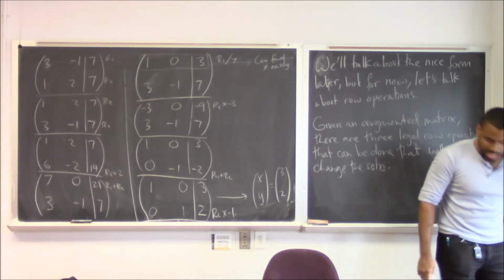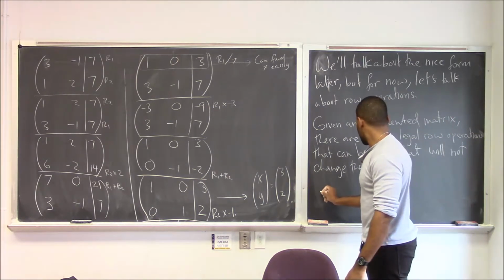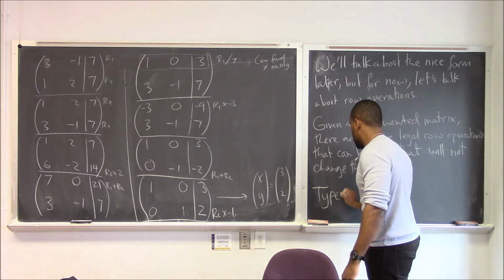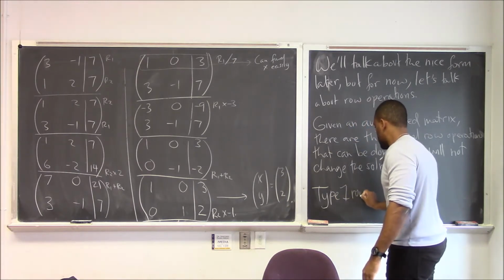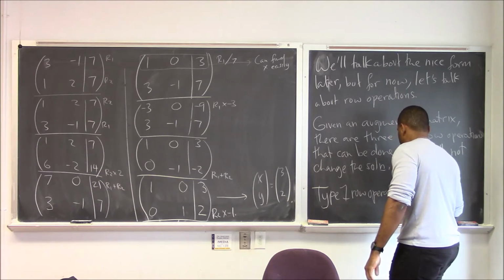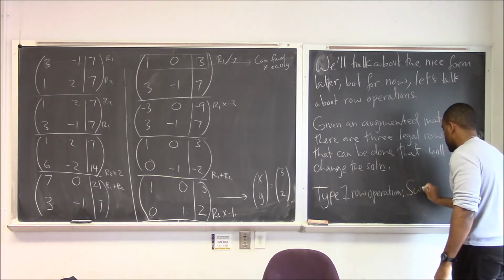We want to make these as elementary and as basic as possible. There is something called a type 1 row operation, and that is to swap 2 rows in the matrix.